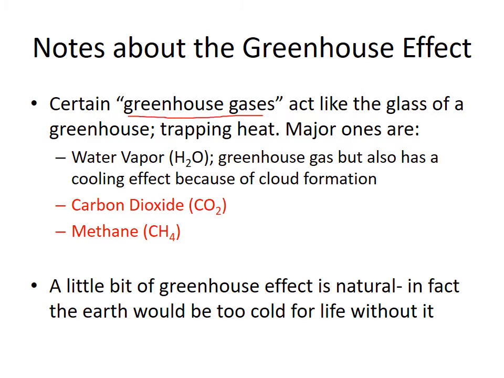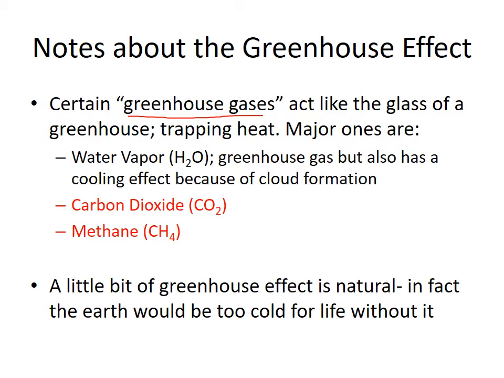Major ones which occur naturally at some concentration but may be increased by human activities include water vapor, which is a very important greenhouse gas that occurs naturally in the atmosphere, carbon dioxide, and methane. Water vapor is interesting because it is a powerful greenhouse gas, but if there's a lot of water vapor in the atmosphere, it also increases cloud formation, which has a cooling effect on the climate because it causes the incoming light energy to reflect back into space.